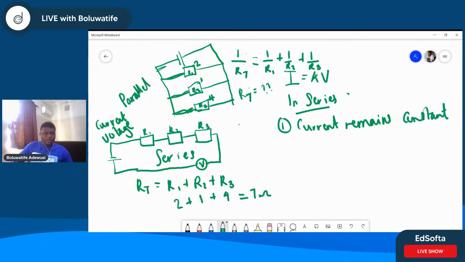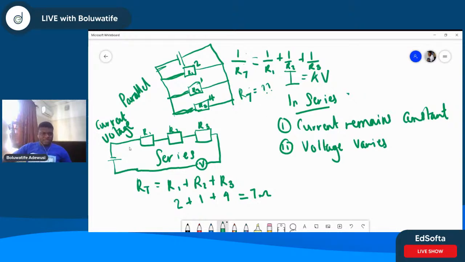In series, current remains constant, but what happens to voltage? Voltage varies. Why does voltage vary?